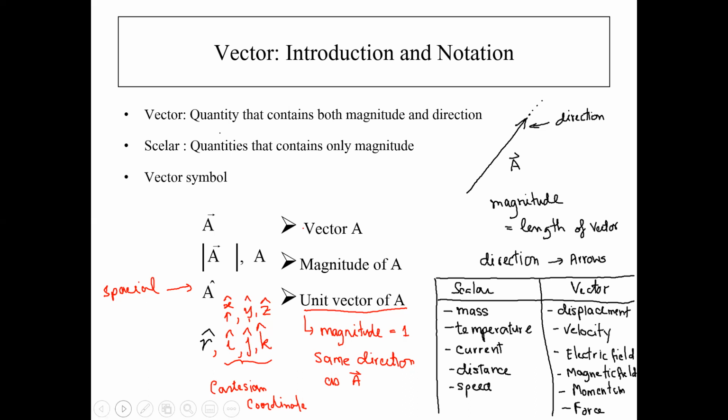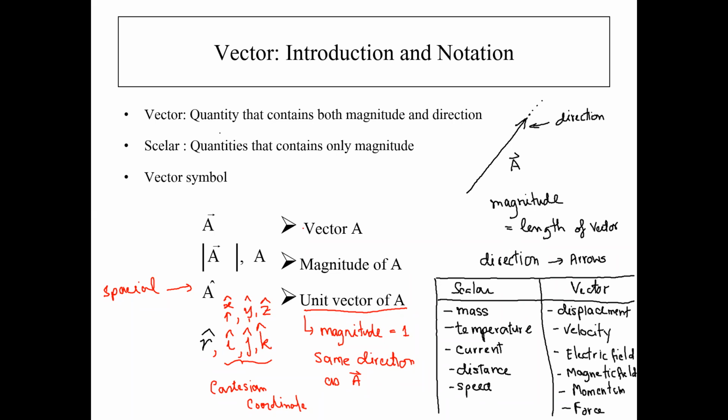The most important unit vectors are the unit vectors along the x-axis, the y-axis, and the z-axis. Usually we use x hat, y hat, and z hat to represent them, or sometimes i, j, and k.